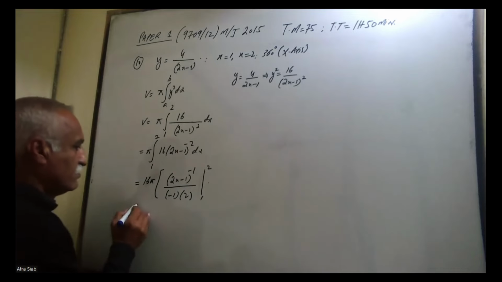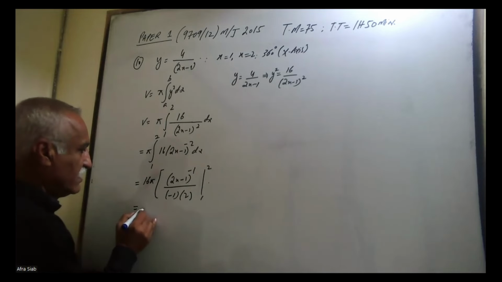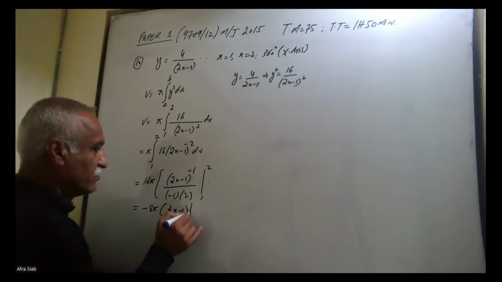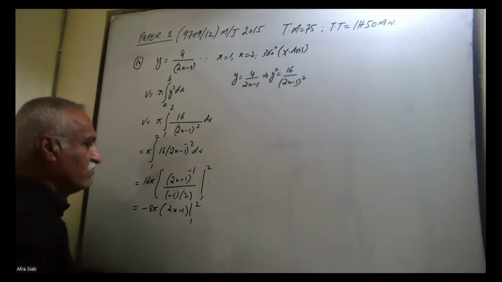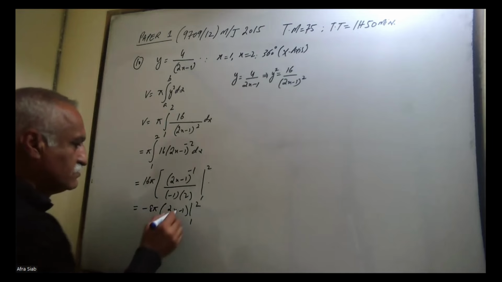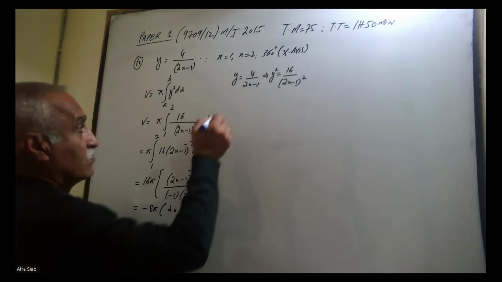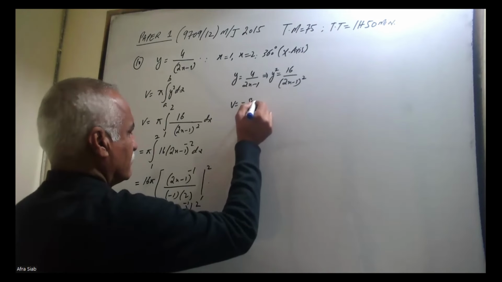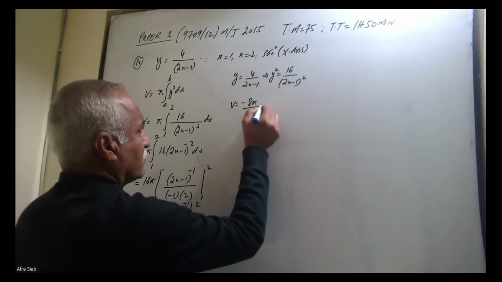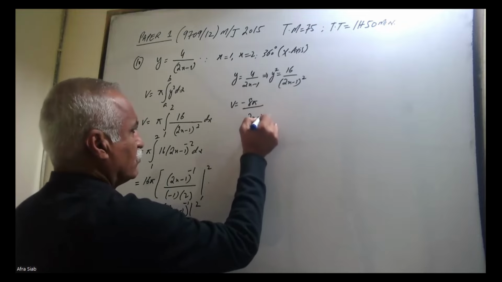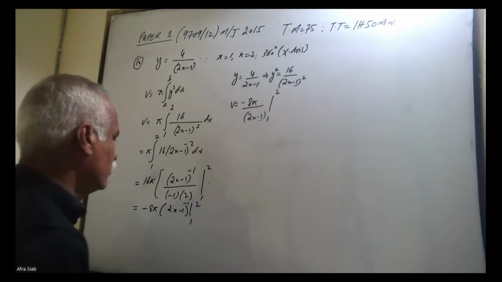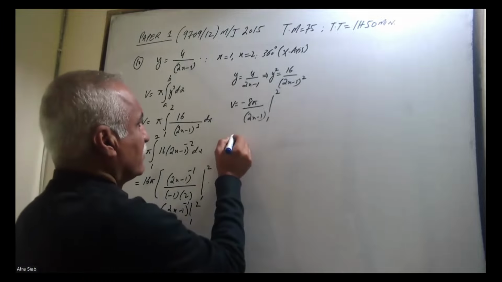So this will become minus 8 pi into 1 over (2x minus 1), with limits 1 to 2. Now we put the limits in.